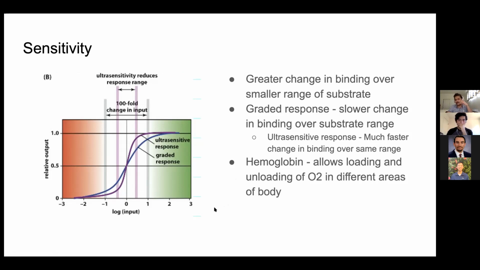So hemoglobin we think of as an oxygen transport protein. Compare that to myoglobin, which we think of as a storage protein, because overall, as you saw in the previous graph, it has a relatively high amount of oxygen bound over a large range of oxygen concentrations, meaning it's better at storage, just holding oxygen for a time when the body or cells need it.